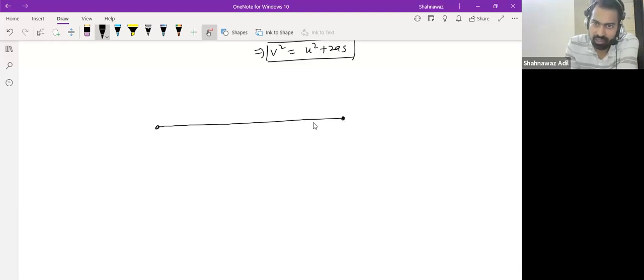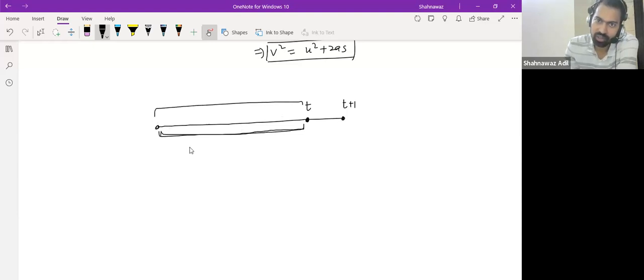And let's say that I am at this point, let's say this is t, and this point is t plus 1. So I know what is the distance covered in this time, and I also know the distance covered in this time.